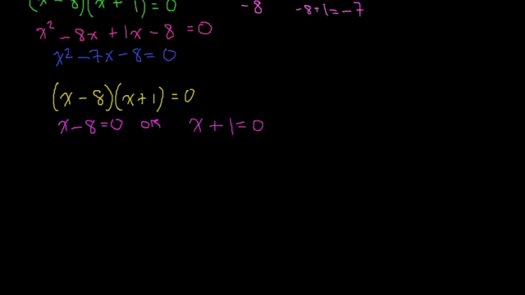It's the mathematical or. Now, to solve this for x, we're going to add 8 here, so it's plus 8. These are like easy one-step equations that you must have learned in pre-algebra. Minus 1, minus 1. And we get that x equals 8, or x equals negative 1.